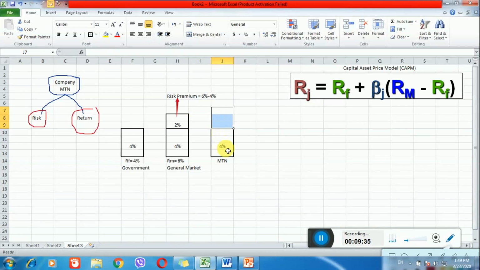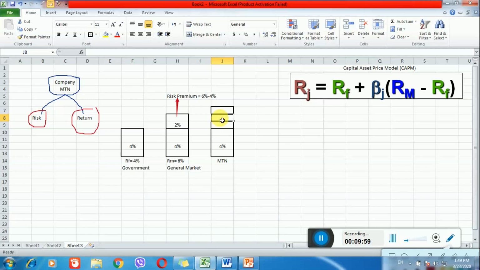Assume MTN is telling us the risk we have is 50% higher than the general market. So if for the risk the general market is giving 2% return, and the risk in MTN is higher by 50%, the return should also be higher by 50%.